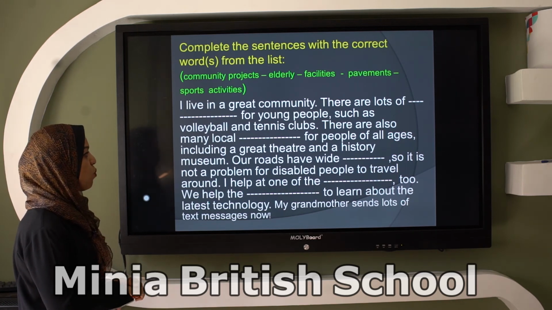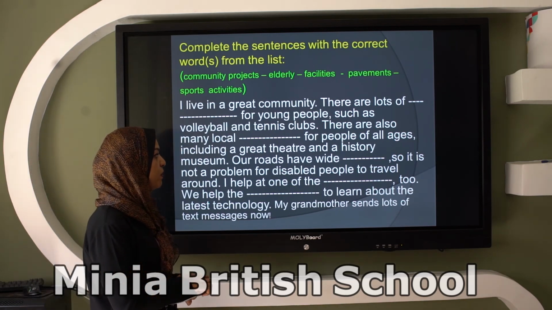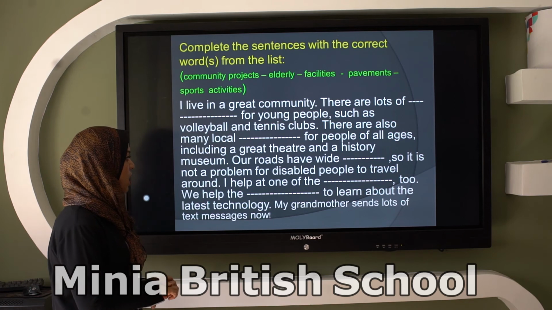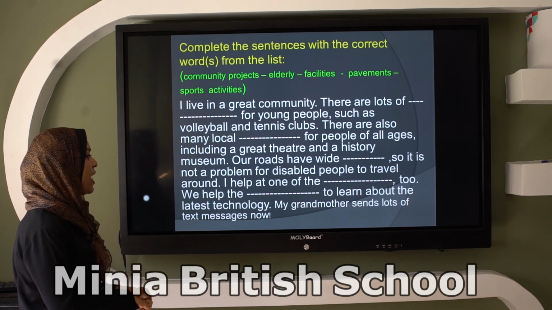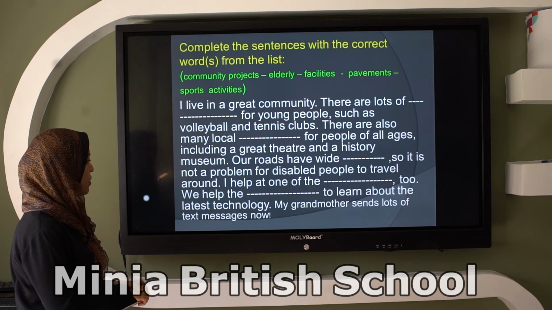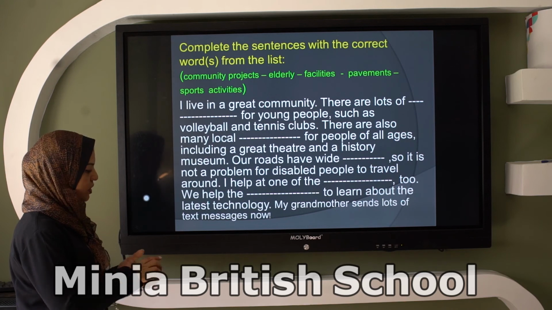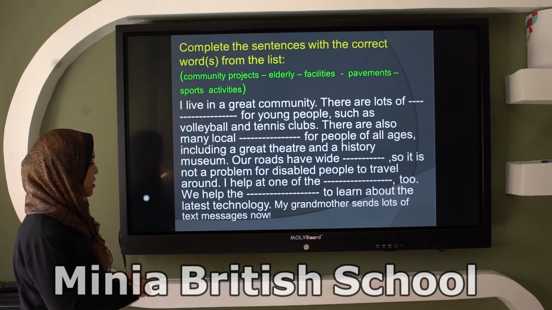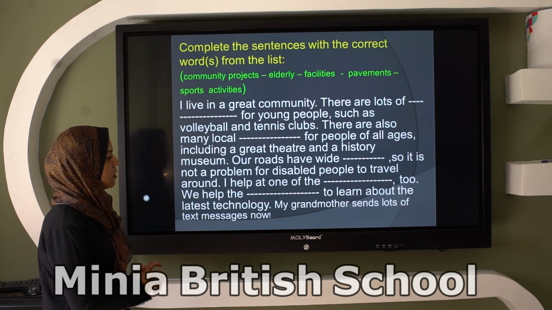Our roads have wide spaces, so it is not a problem for disabled people to travel around. I help at one of these spaces too. We help the spaces to learn about the latest technology. My grandmother sends me a lot of text messages now. Now we have to use these words in these spaces.